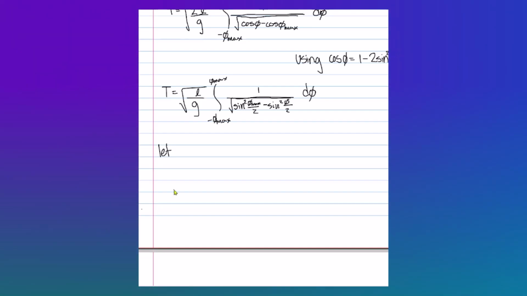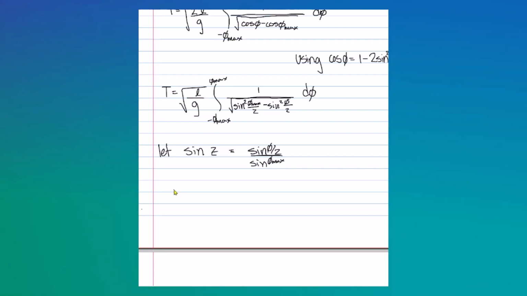Next, we're going to do an actual substitution. So we're going to let sine of z equal sine of phi over 2 divided by sine of phi max over 2.